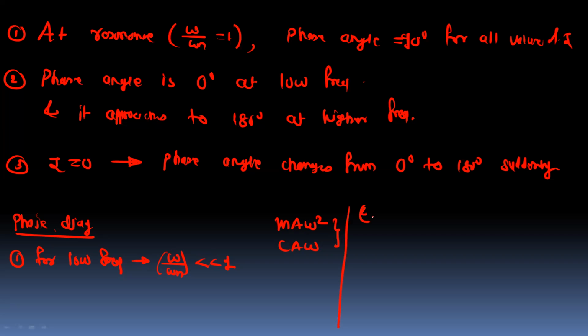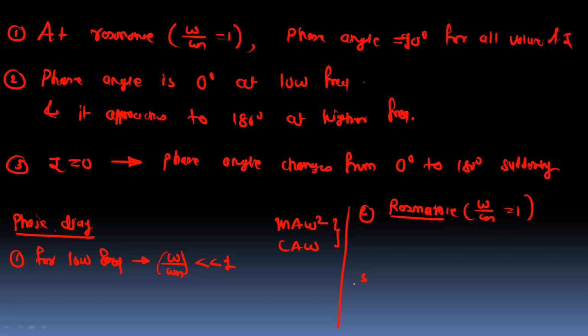Then second is the resonance condition, where omega upon omega n is equal to 1. At this condition, you will observe a perfect rectangle, because all the forces will be at 90 degree.